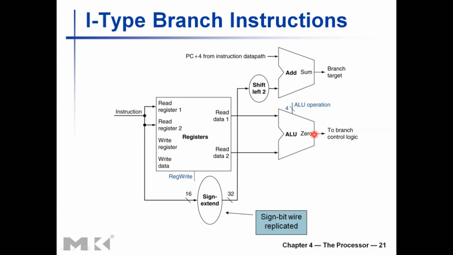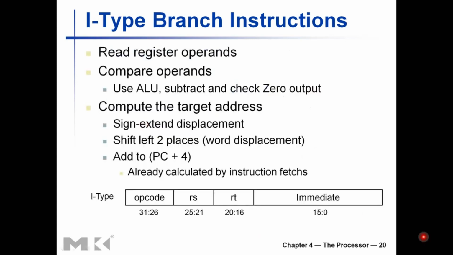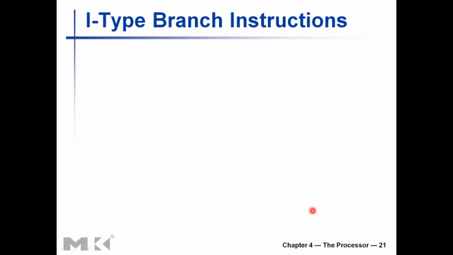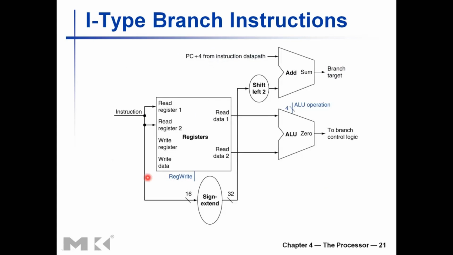So that 0 signal is used by the control logic to control the multiplexer that is added onto the fetch mechanism. So the branch target address is calculated using the immediate offset, which is a 16-bit value.